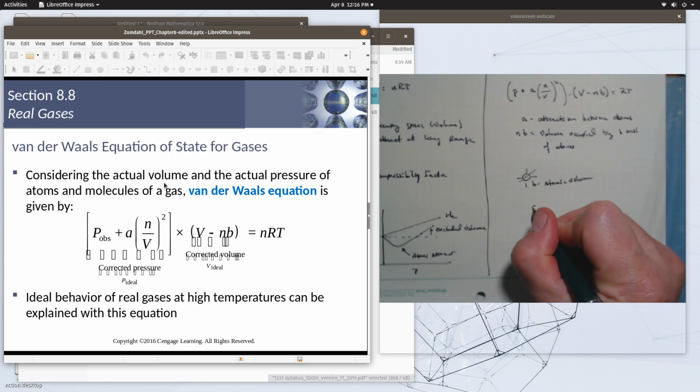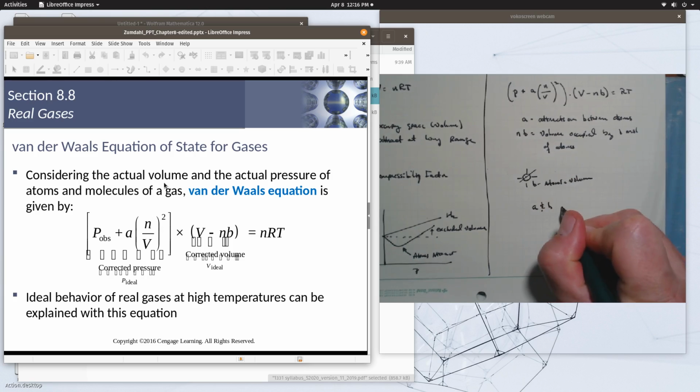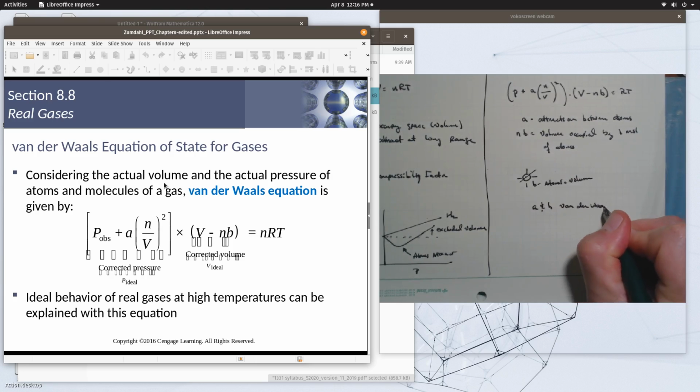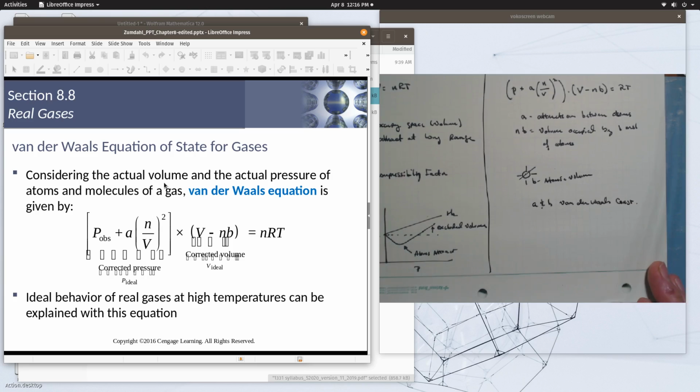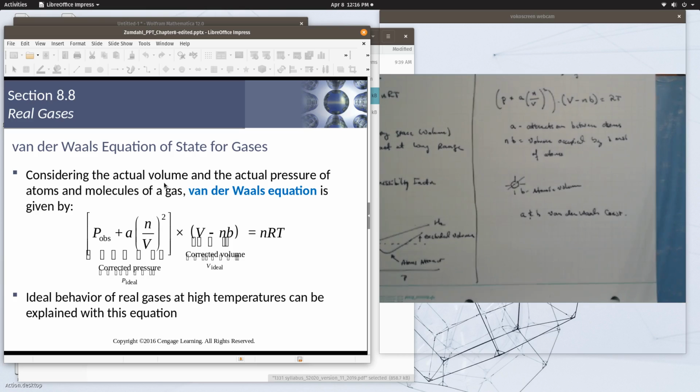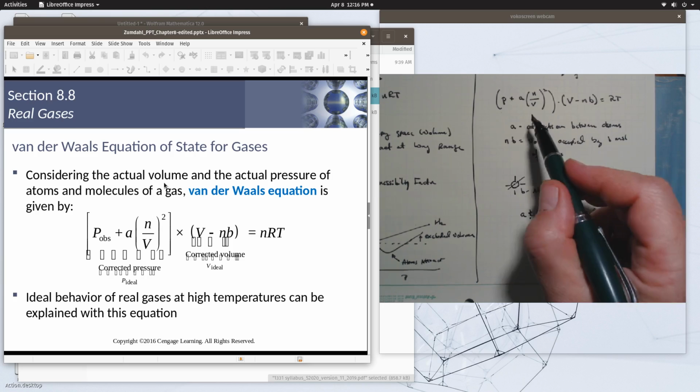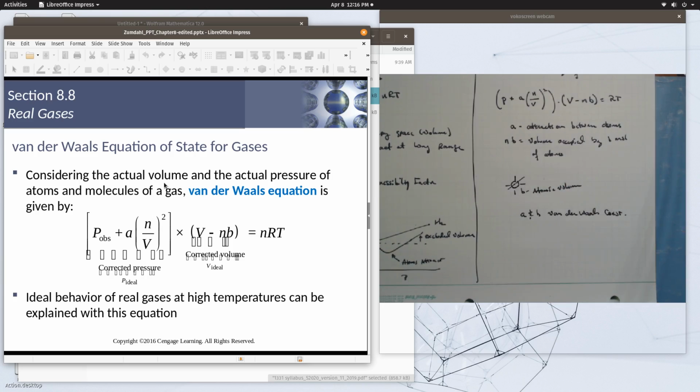A and B are called the van der Waals constants. You have to look these up for a given species, because each atom or molecular species described by the van der Waals equation has its own A and B parameters. They're not so much constants as constants for a given species, because species interact with each other in different ways.